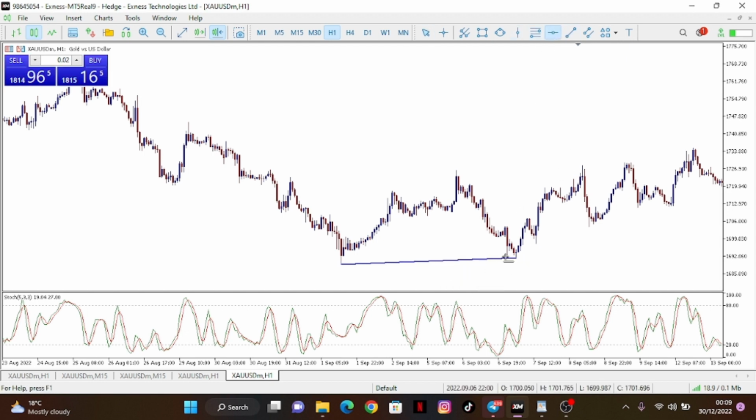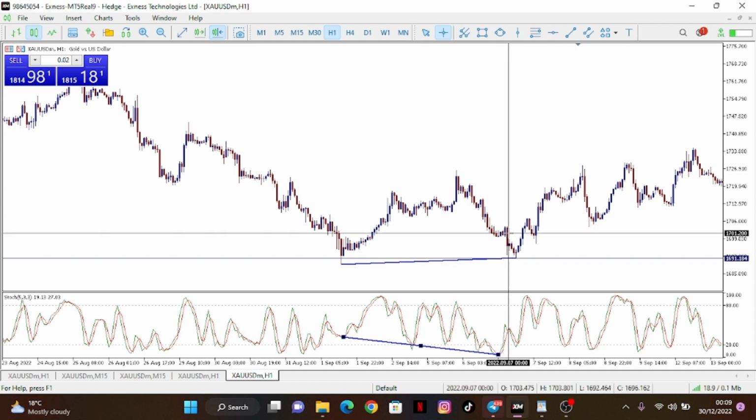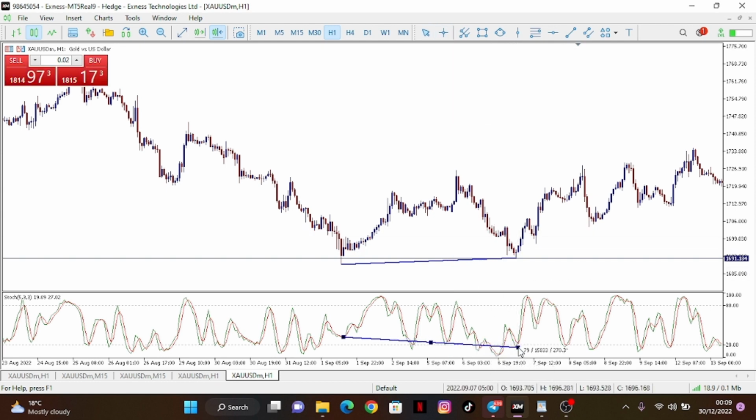You cannot say that was straight because that was an upward move. And it's here, still below the level of 20. That's divergence. Okay, spotted.